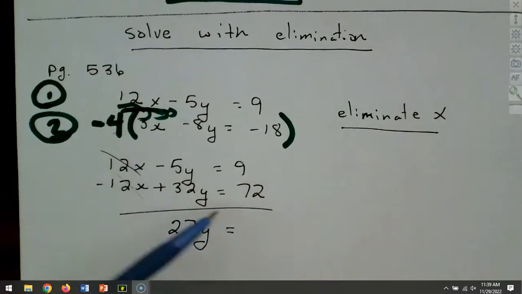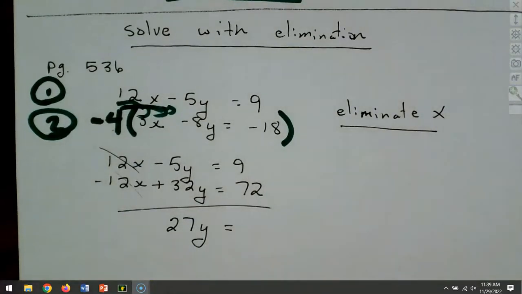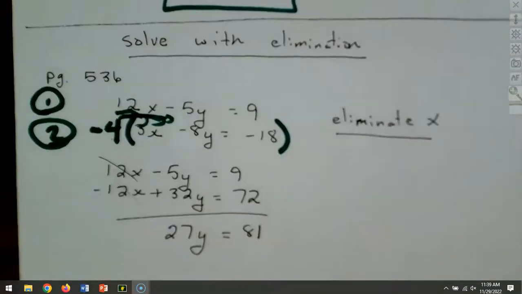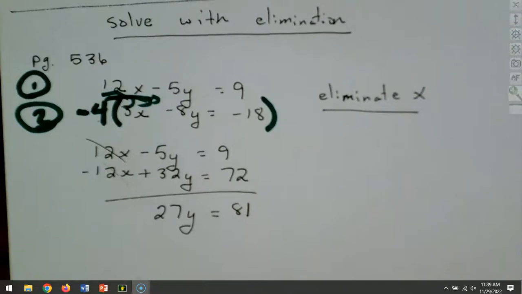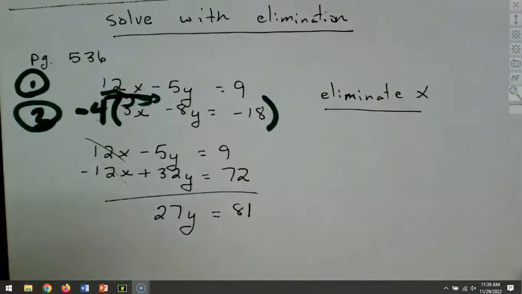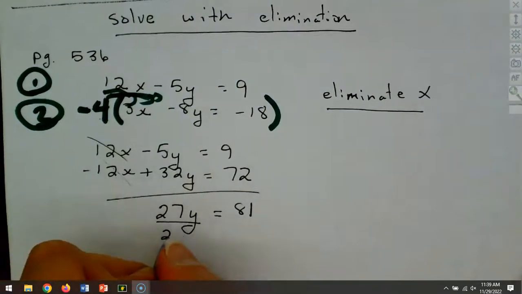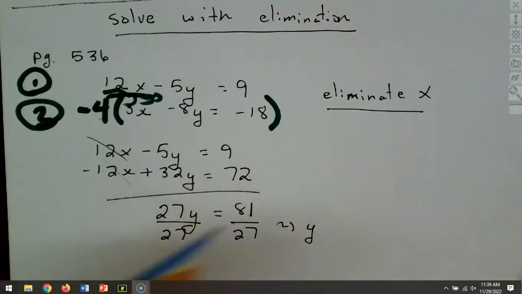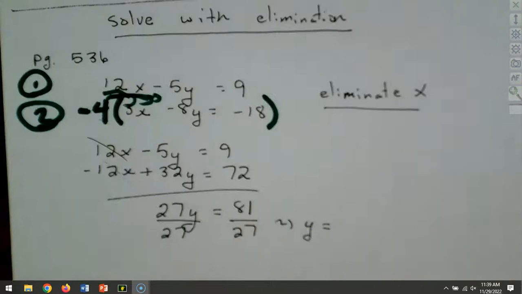We add down, and 72 plus 9, that makes it an 81. And now we can solve it for y by doing what? Yep, divide that by your 27, and that leaves you with y equaling now 3.